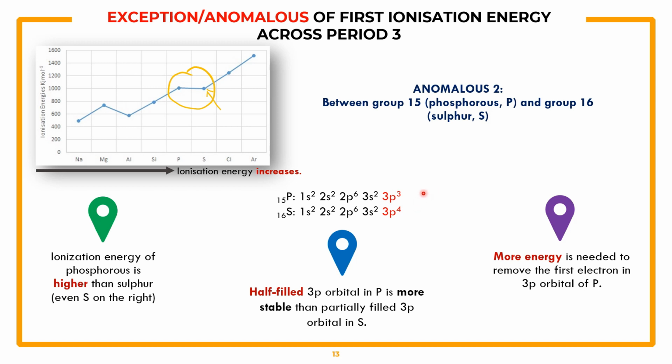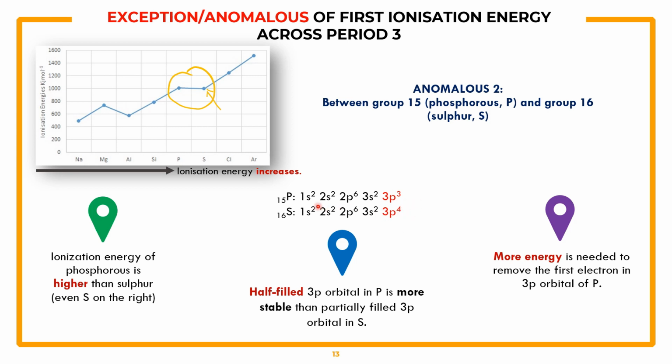So remember, anytime you want to write an explanation but you are clueless and have no idea what to do, always write the electronic configuration of the elements concerned. It doesn't matter whether you are discussing the trend of atomic radius, ionic radius, IE or even electronegativity. If you become clueless, write the electronic configuration. Perhaps by looking at the electronic configuration, you will get the idea.